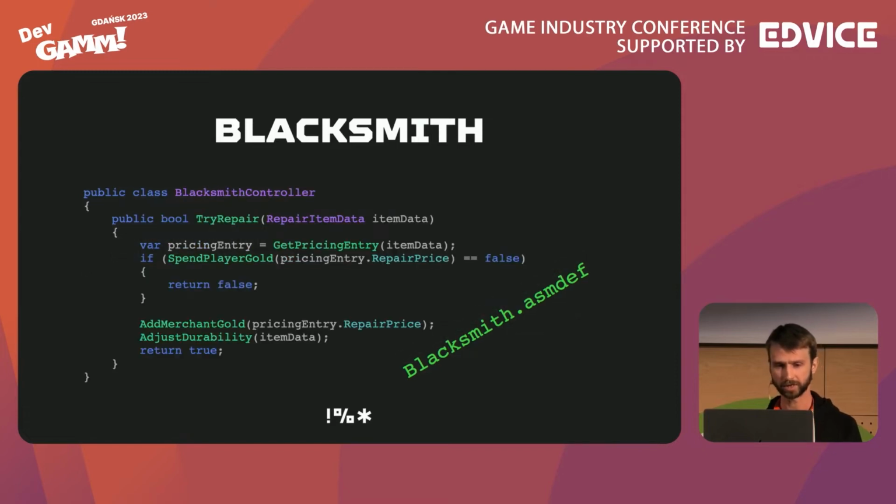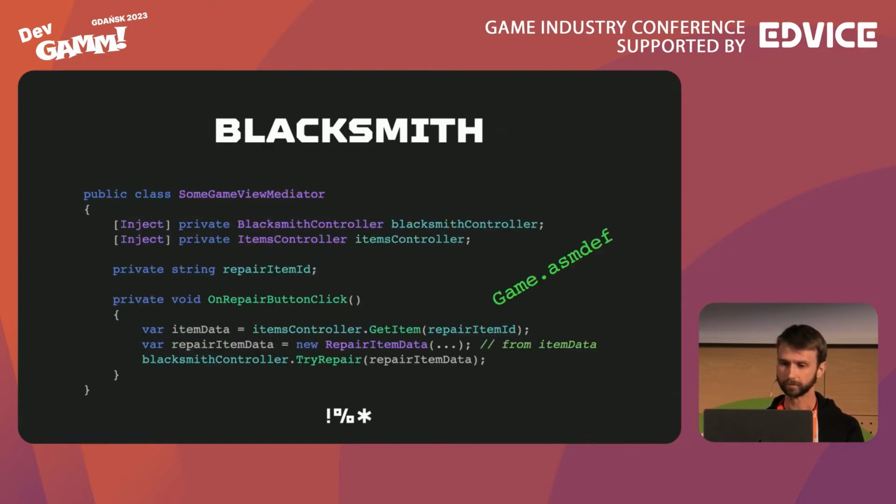We can simply replace the item data occurrence in our try repair method. And thanks to that, when we want to use this blacksmith feature somewhere in the game engine code, we just have to map our item data to the twin sister class, the repair item data, right?